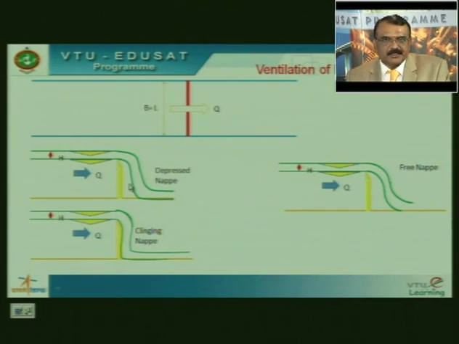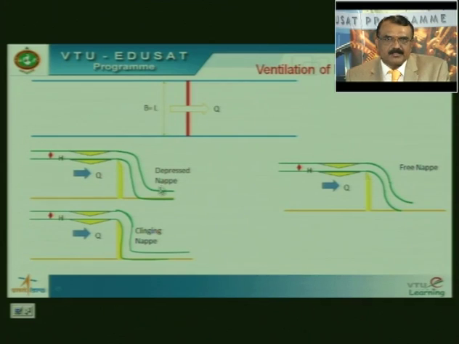Due to this reduction in pressure, this air sucks the jet towards the wall. That type of nappe or free jet is known as a depressed nappe. That is, this negative pressure or drop in pressure of air tries to suck the jet towards the wall of the notch.